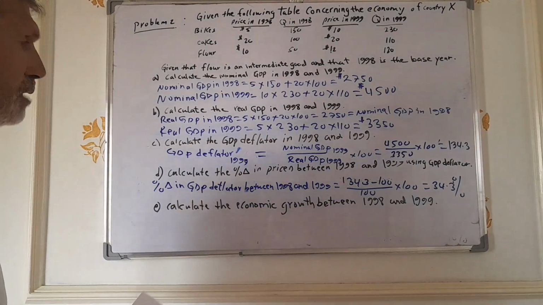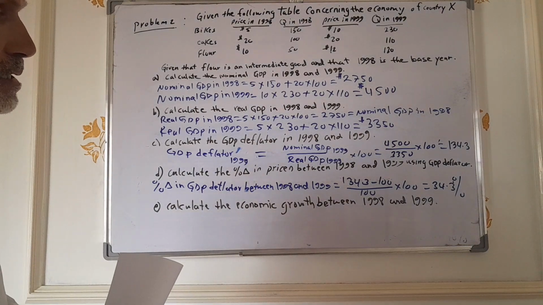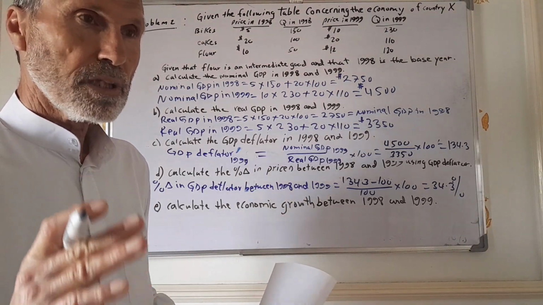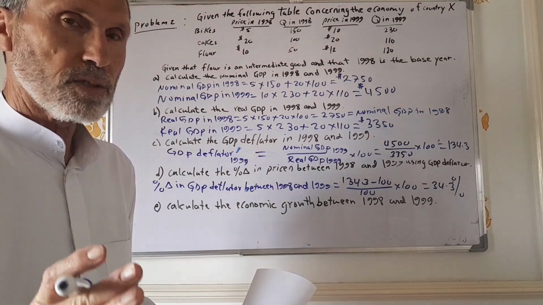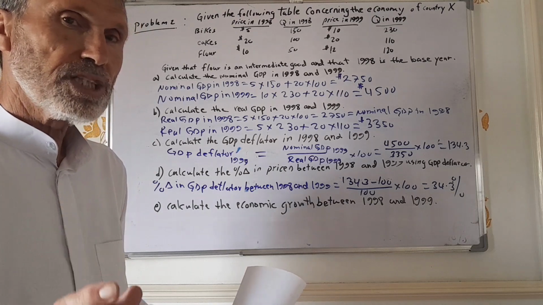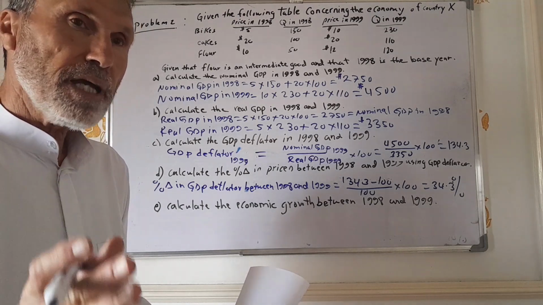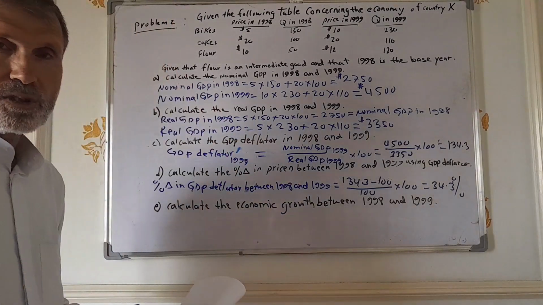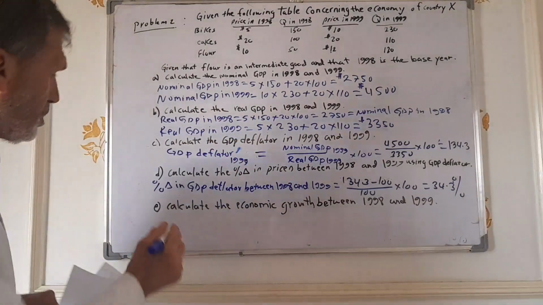Now calculate the economic growth between 1998 and 1999. Listen, when we talk about economic growth, it exists whenever the real GDP in one year is greater than the real GDP in the previous year. So here you're going to come up with a positive number.